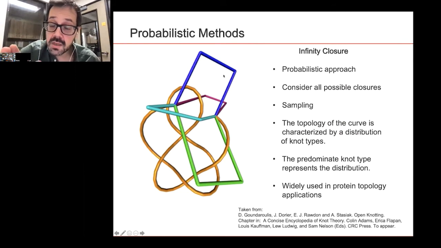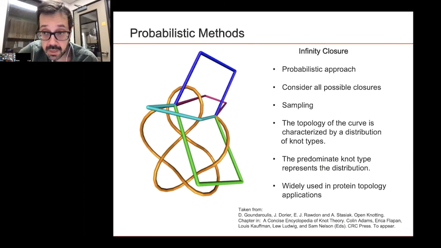Once those rays pierce the convex hull or the surface of the sphere, I just connect them. And that's it. I do this for all possible directions, and I evaluate all of those with a knot invariant, and I get the distribution and the predominant type.